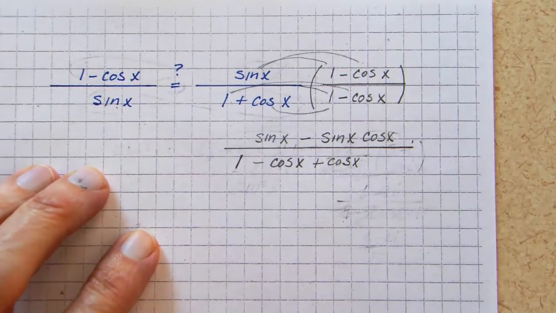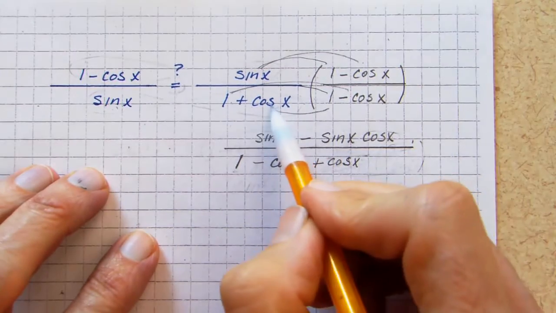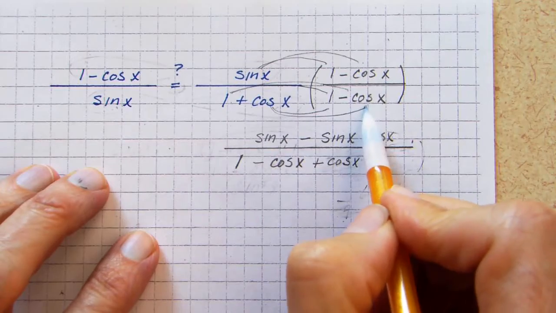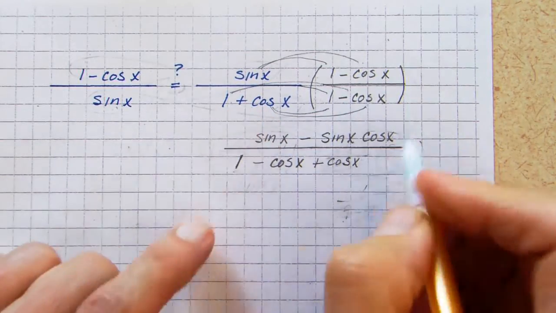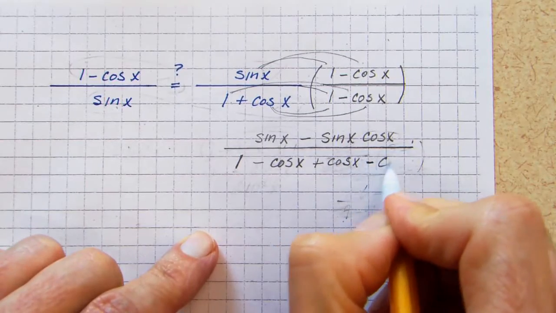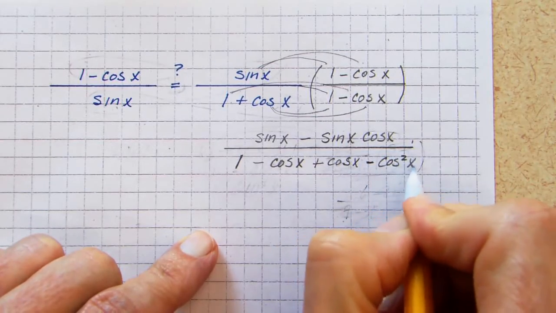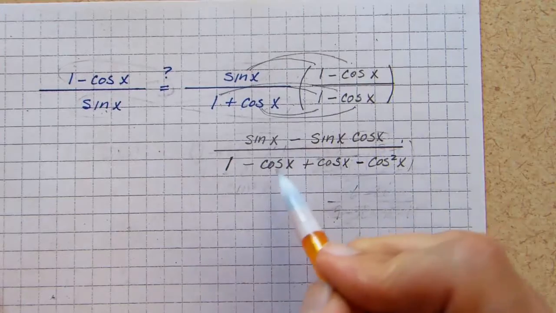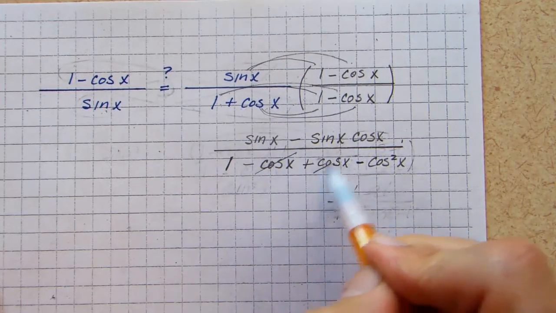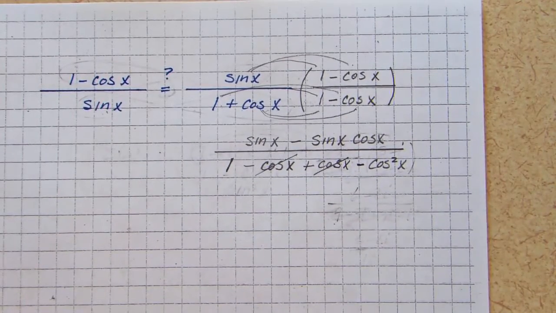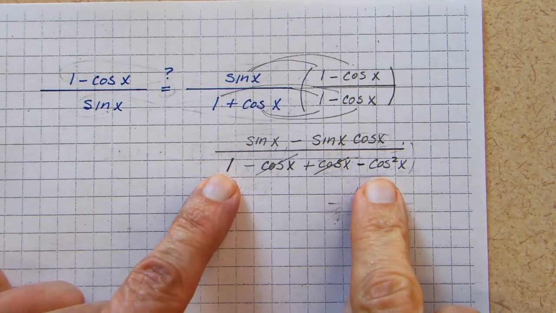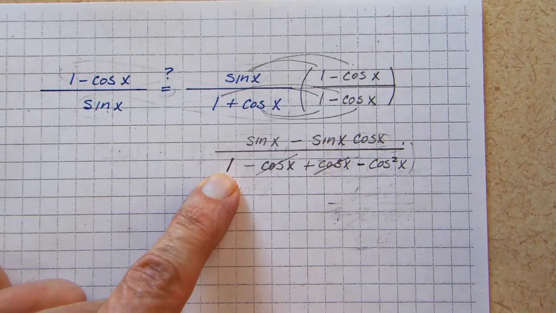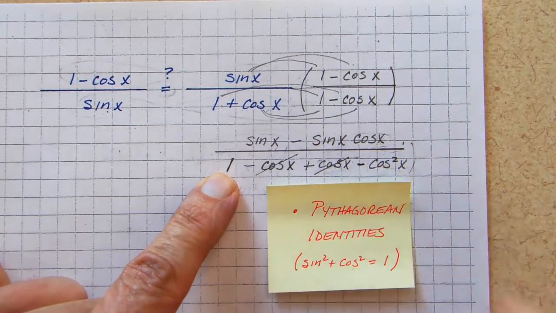Notice I set up a difference of squares situation. And then cosine times cosine is cosine squared, and it's a positive times a negative, so it's negative cosine squared. Okay, so these will cancel out. That's absolutely fantastic. And then if you look at this, you say, okay, I've got 1 minus cos squared. Well, that's really just part of the Pythagorean identity.